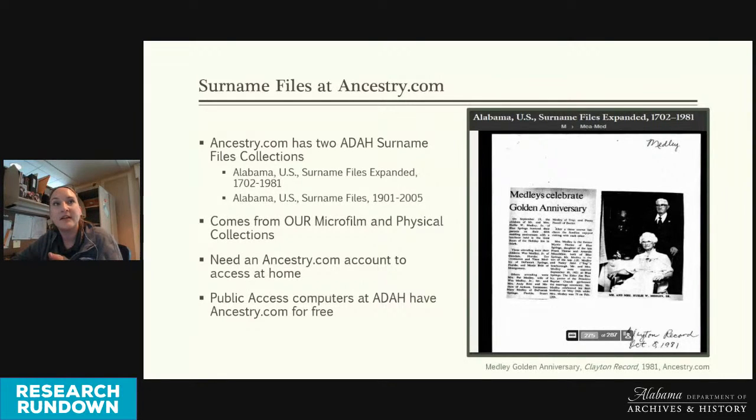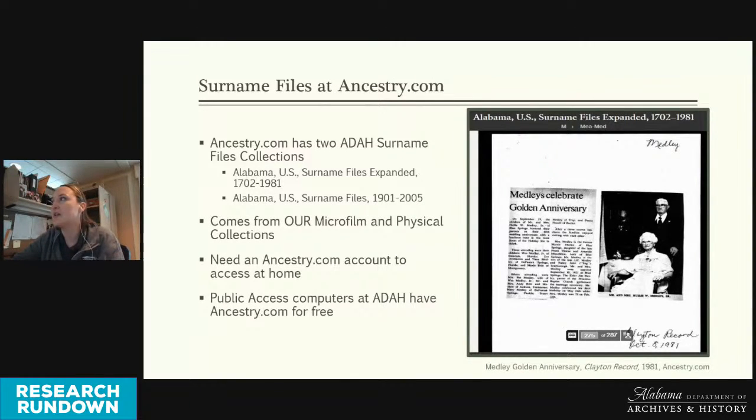If you don't have an Ancestry.com account and you don't know if you want to get one, you could always go to your local library and see if they have an account that you could use, and you could access them there if you're unable to come to Montgomery, if it's too far away for you. So those are some ways you could access that. Here's an example of what they look like on Ancestry.